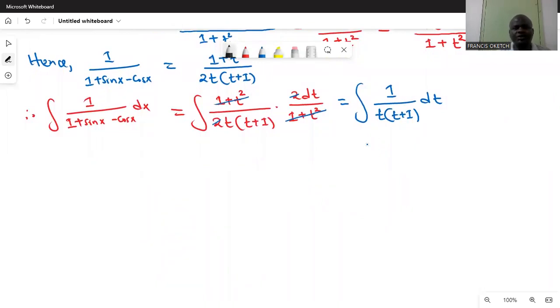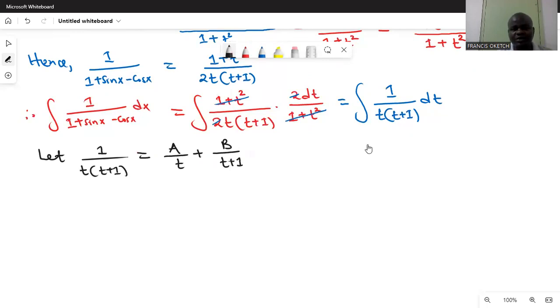This is how we are going to do it. You say let 1 over t into t plus 1 be equal to a over t plus b over t plus 1. Remember, the numerator must be a constant because the denominator is linear. When the denominator is a quadratic factor, the numerator must be linear.